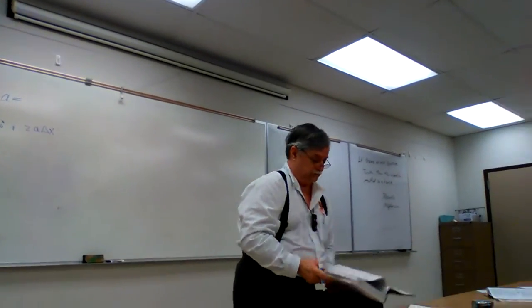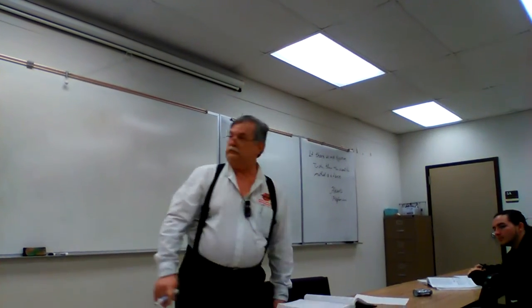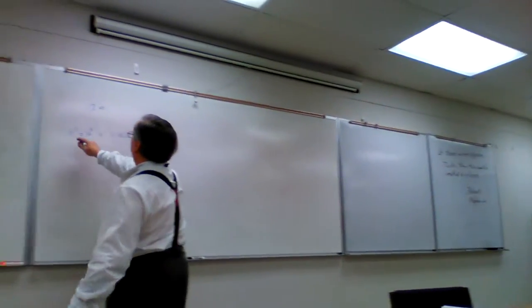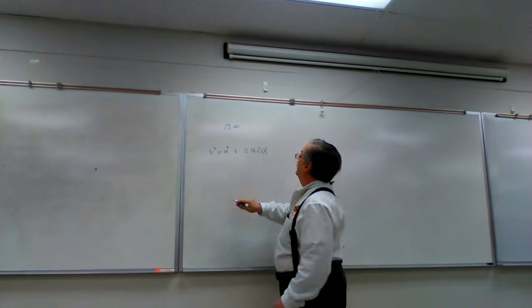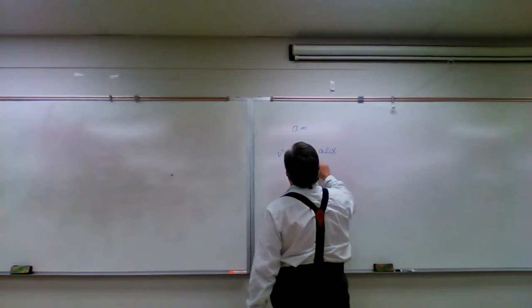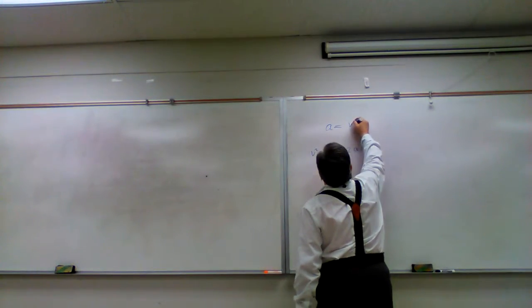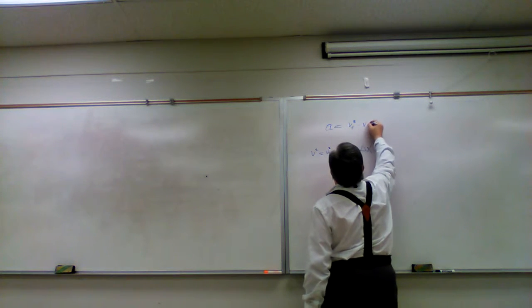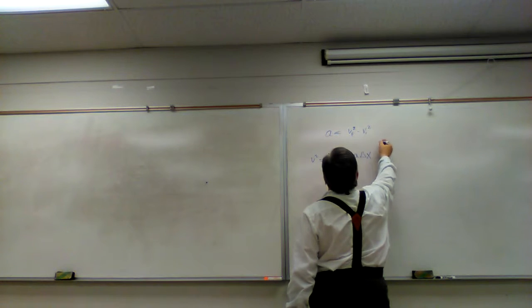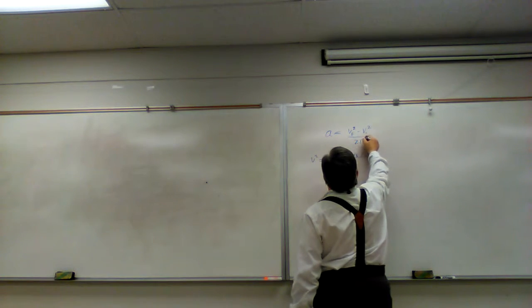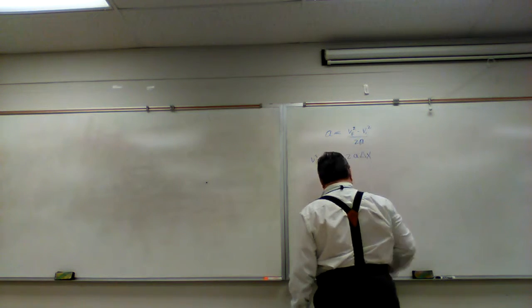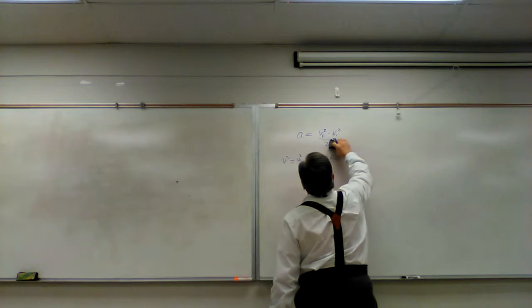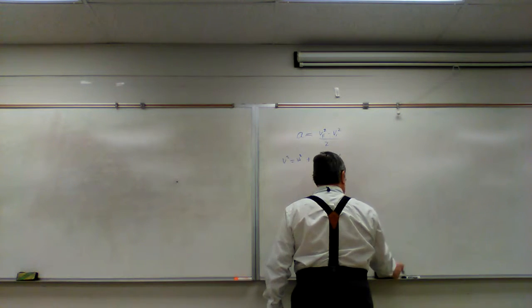So, if we solve this equation for A, we end up with A equals V final squared minus V initial squared divided by 2 delta x, or 2 times the distance it's moved.